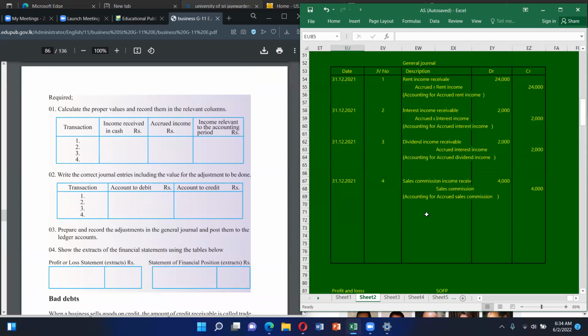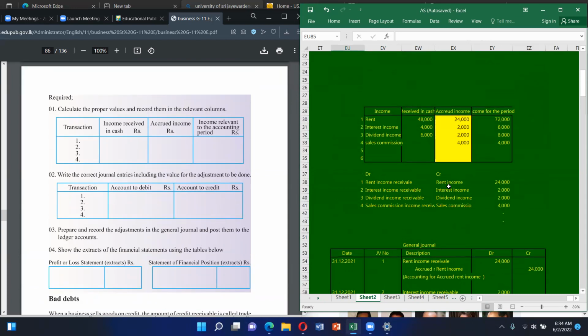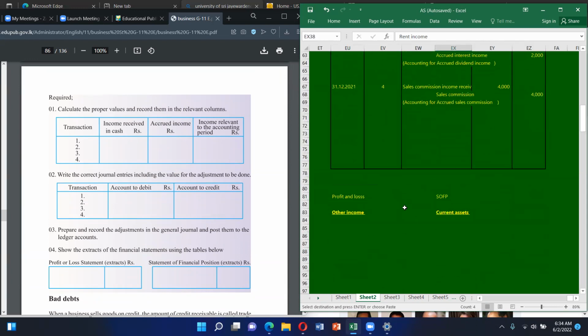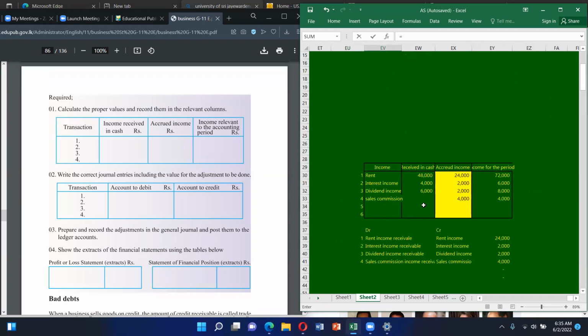So write it down. All the income, you take the full year, full amount.